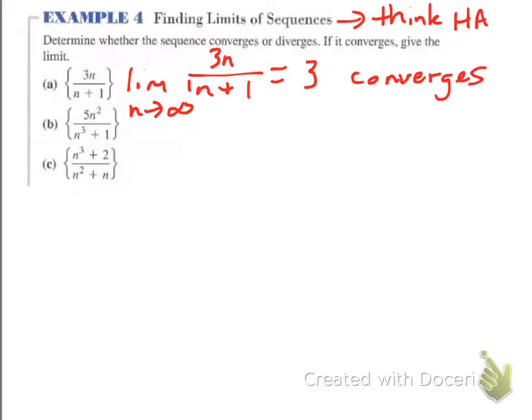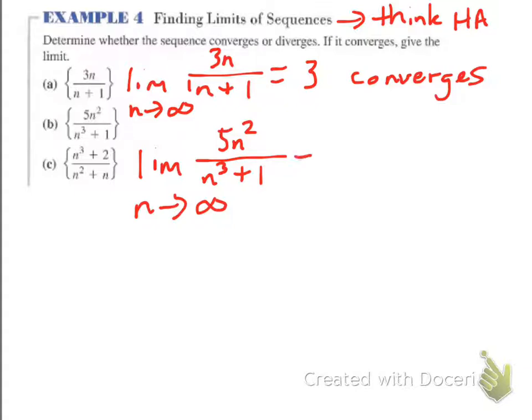Now the second one, the limit as n approaches infinity of 5n squared over n to the third plus 1. In this case, the degree on top is smaller than the degree on the bottom. That means as n gets big, the limit is going to be 0.